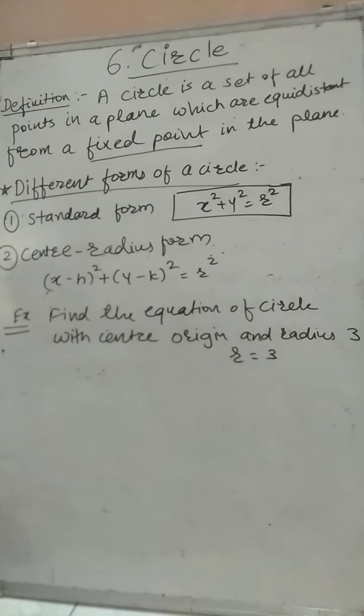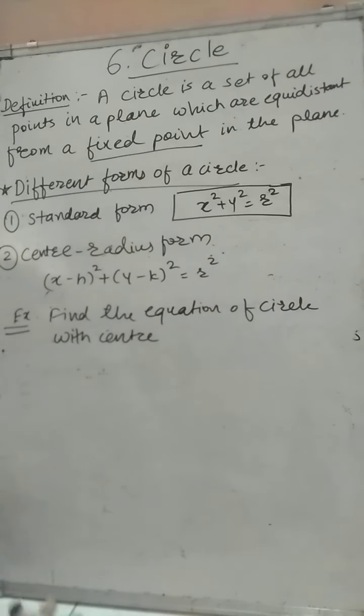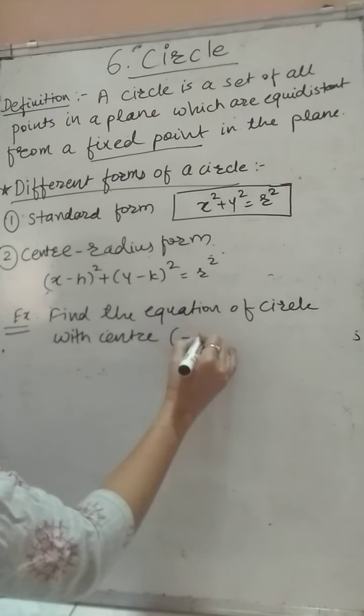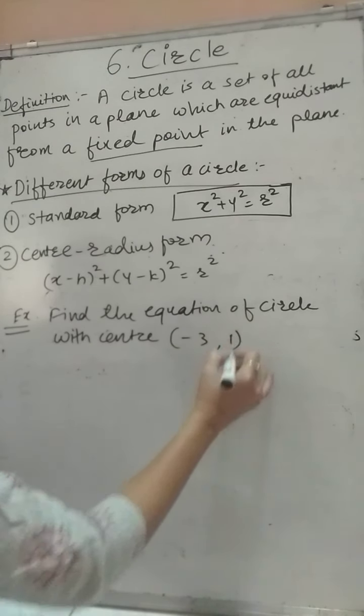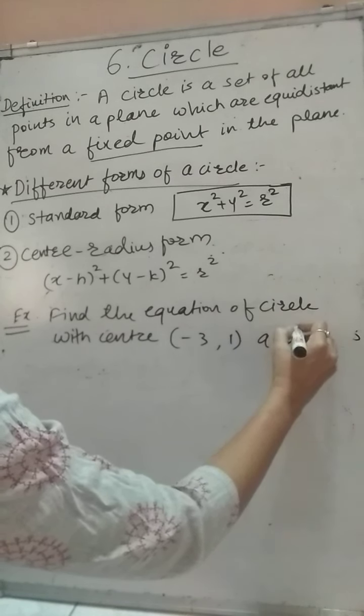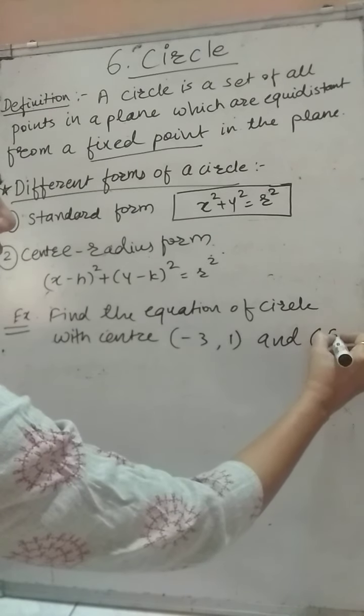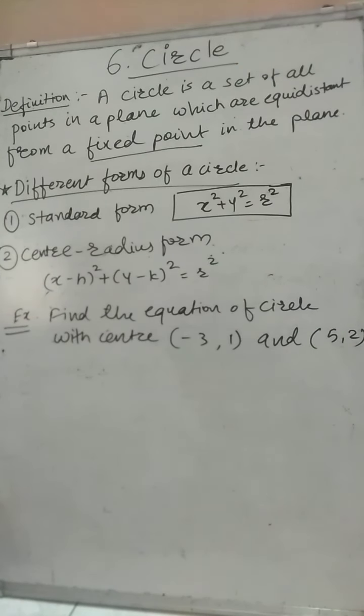Find the equation of circle whose center is (minus 3, 1) and which passes through a point on the circle, (5, 2). We can take any point; we take here (5, 2).